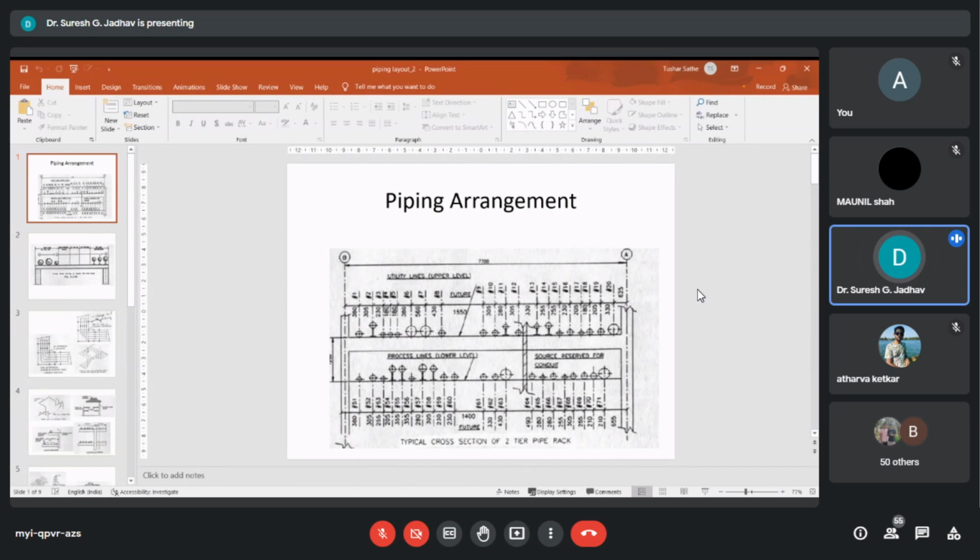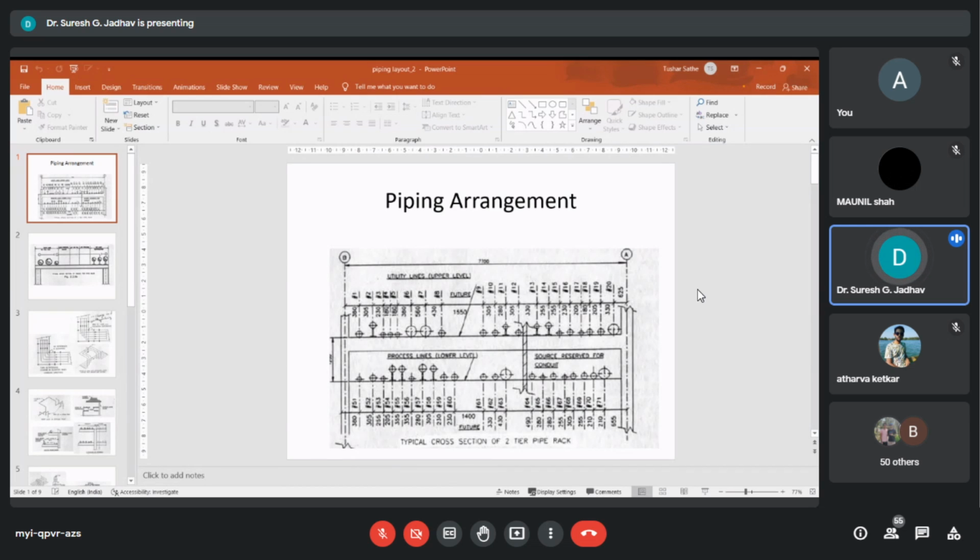This will facilitate access to equipment after piping is in place, and also give the most economical piping routing. That kind of routing can be seen through this typical cross section of the pipe rack.